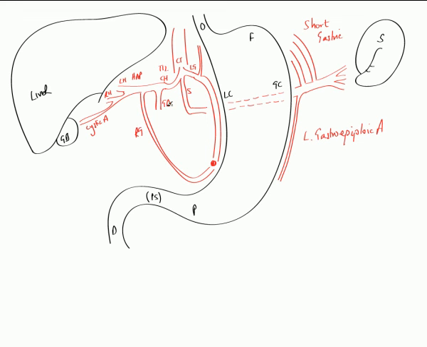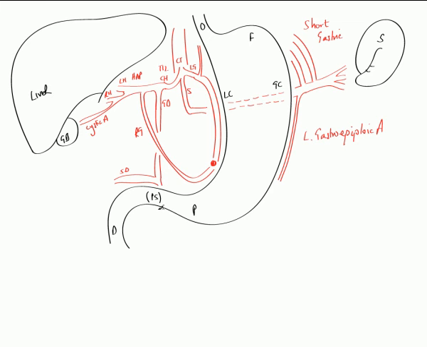If we return now to the gastroduodenal artery, it passes posterior to the right gastric, and it continues posterior towards the duodenum. Before it passes under the duodenum, it gives off the supraduodenal artery. That obviously supplies the superior aspect of the duodenum.